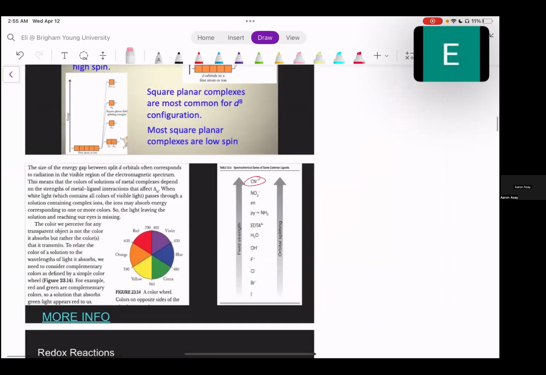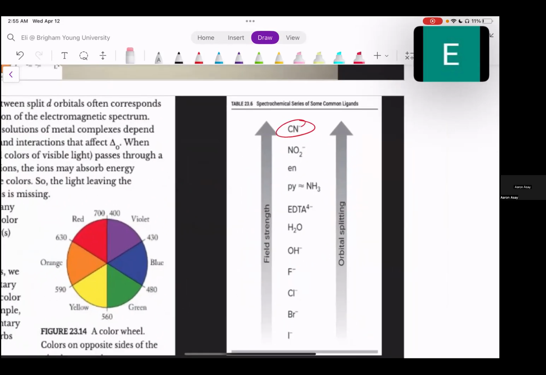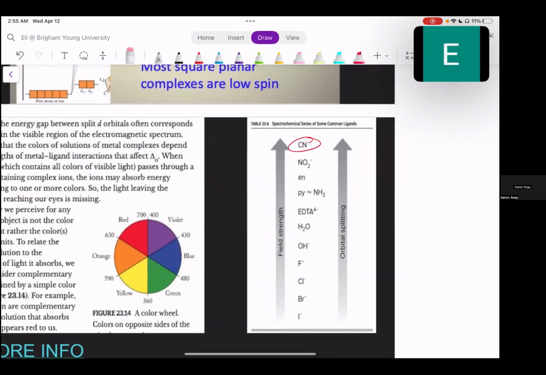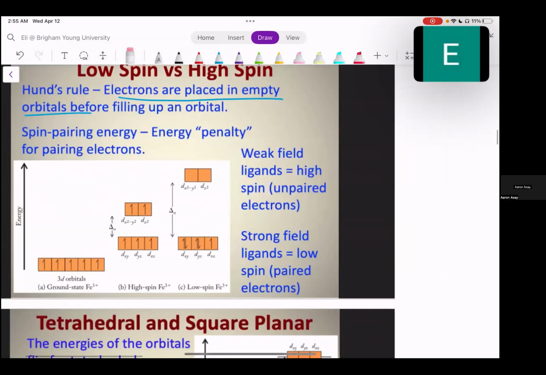That being said, it having a high field strength means it absorbs a ton of energy when light interacts with it, just due to that energy difference right there.